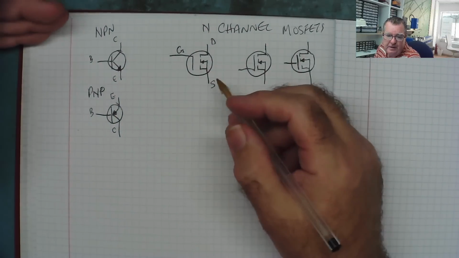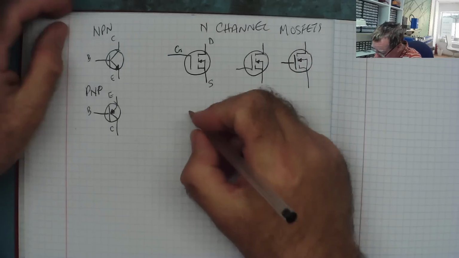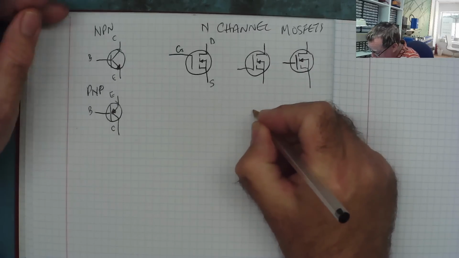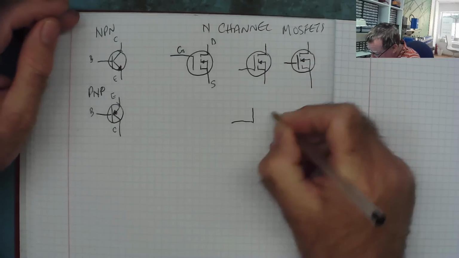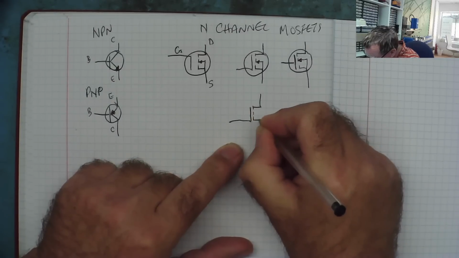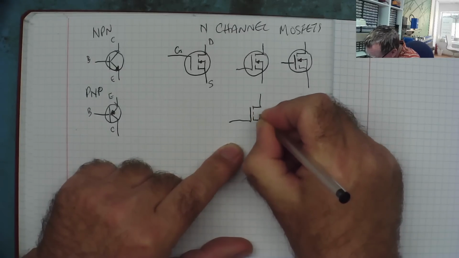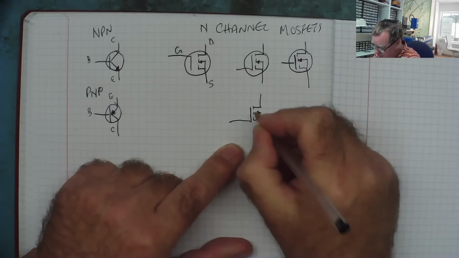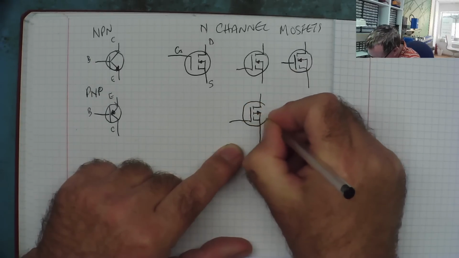With a P-channel, it's much the same apart from the direction of the arrow. So I'll just draw the one. But again, we can have the various variations of this. And now the arrow actually points the other way, outwards, which again to me is a little bit strange.